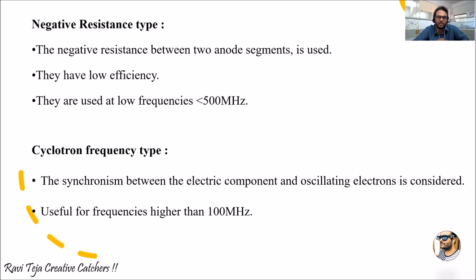Coming to the second type, the cyclotron frequency type: this involves synchronization between the electric component and the oscillating electrons. This generates frequencies higher than 100 megahertz.